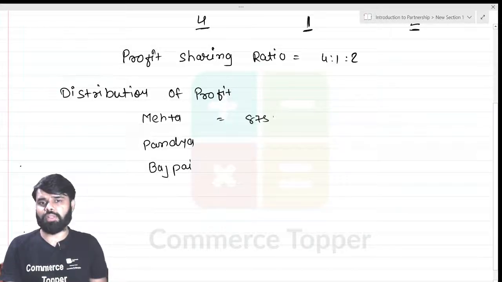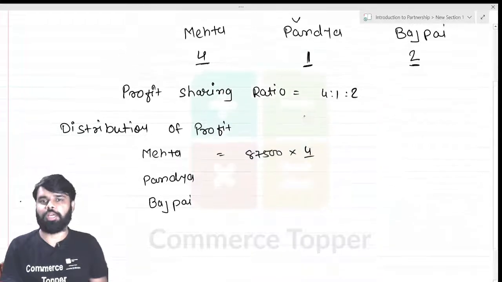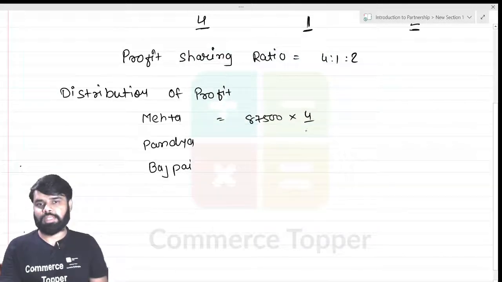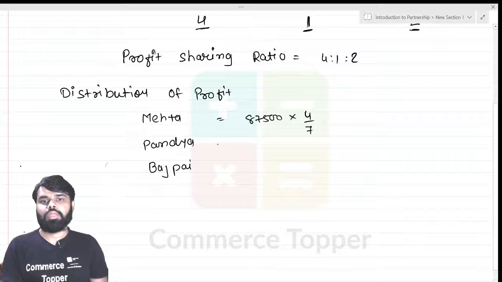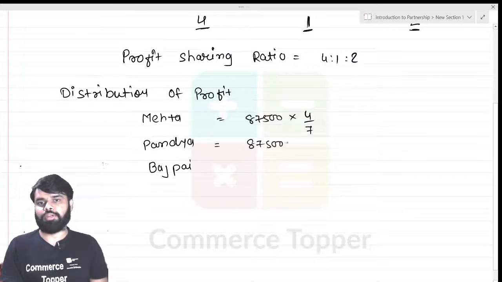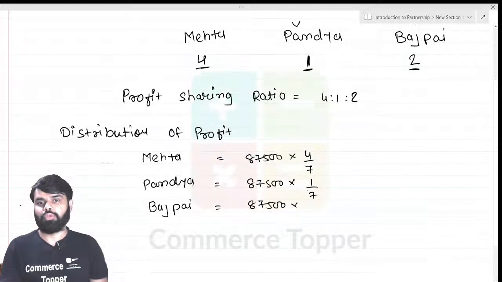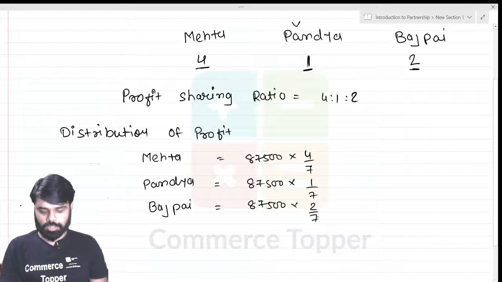Mehta receives 87,500 into 4 divided by 7. Pandya receives 87,500 into 1 divided by 7. Sorry, and Bajpai receives 87,500 into 2 divided by 7. Okay.